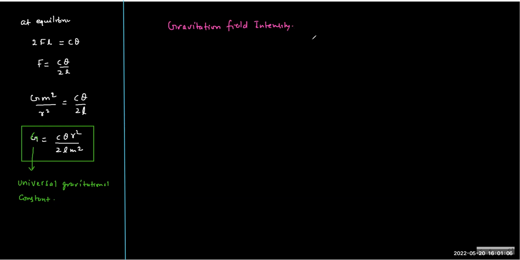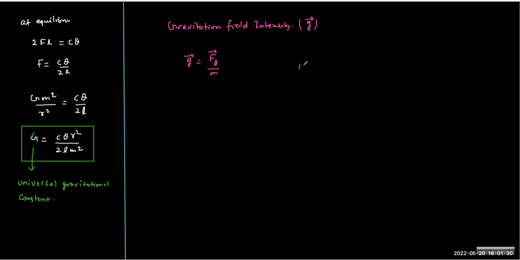It is similar to the electric field intensity, and we can represent it by the vector g. Now don't get confused between this g and the acceleration due to gravity, because we can use the same symbol. But definition-wise, it is again the same. It is the gravitational force per unit test mass. That's simple.